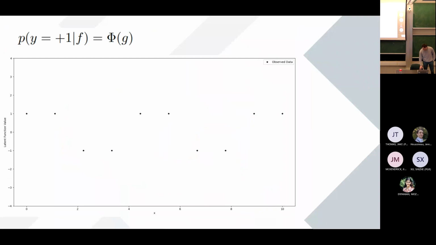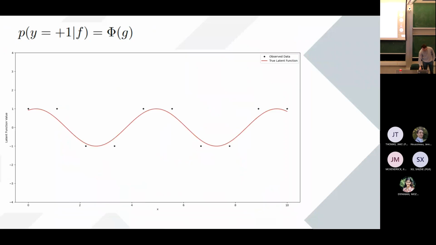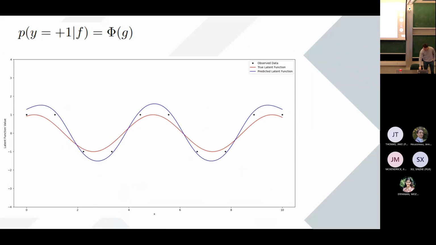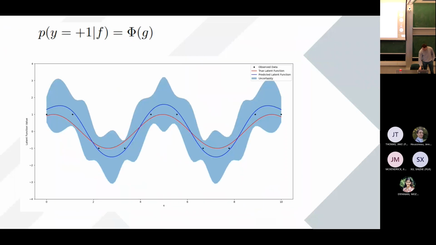So another picture to help. These are our labeled points that we have already. They've either got label 1 or label -1. That's the true latent function, which we're trying to find. We calculate the labels of the data points by passing this latent function through that CDF. This is our Gaussian process estimate after we've fed in these points, and then there's our uncertainty.